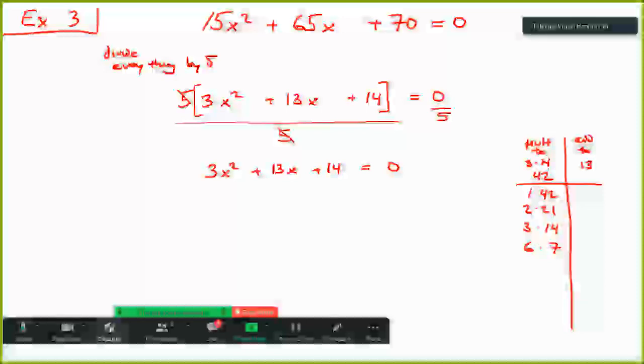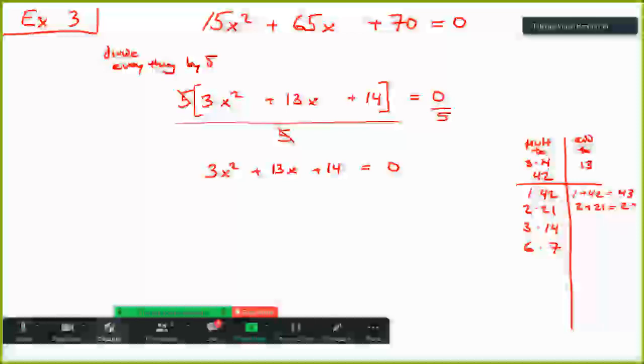Now, this time, it's a positive 42, and they add to make a positive 13. So good news, we have both positive numbers. So we're not doing a subtraction this time. There's no negatives. It's all positives, meaning they have to add to make a positive 13. So like, for instance, 1 plus 42, that doesn't work. That's too big. And 2 plus 21 doesn't work. Too big.